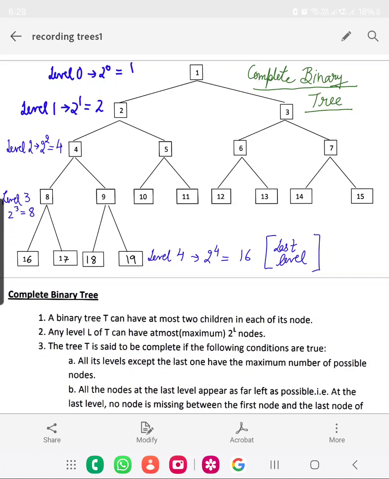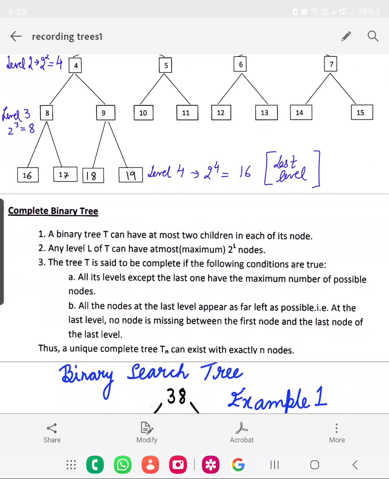Whereas level number 4, which is the last level, does not have 2 raised to power 4 equal to 16 nodes, but all the nodes which it has are complete: 16, 17, 18 and 19. There is no missing node. 8 has a left child and right child. 9 has a left child and a right child. And there is no missing node from 16 to 19. So this one is a complete binary tree.